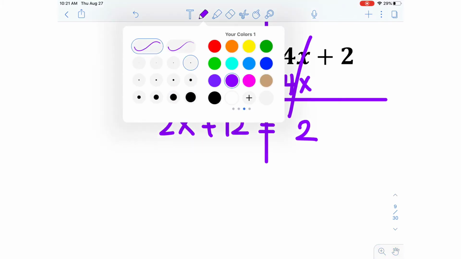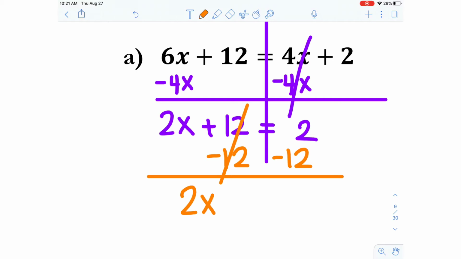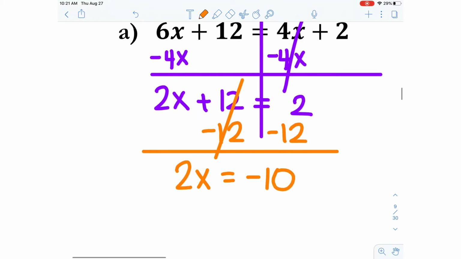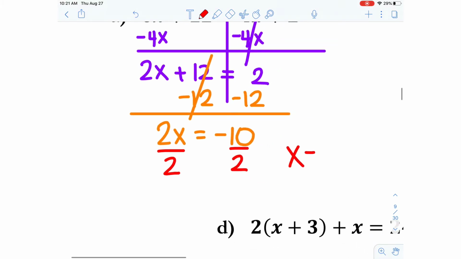Next, I'm going to move the 12 over. So subtract over the 12. Since it was a plus 12, I've got to do minus 12 to move it over to the other side. I'm left with 2x equals negative 10. Then divide both sides by 2. So x is negative 5. There we go.